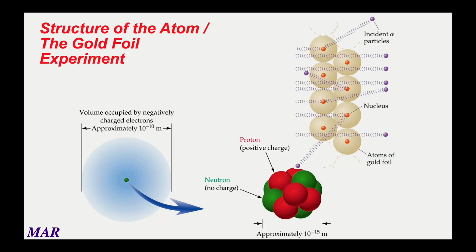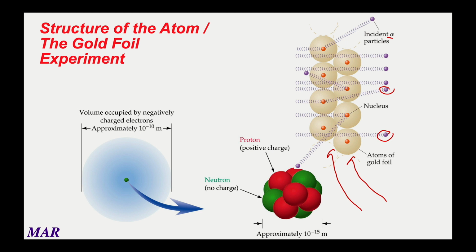In the gold itself, you have these little atoms, and that's what those little circles show right here. And the little ball bearing looking things there are what they call alpha particles, and we'll talk about those more in Chem 200. But alpha particles are just really small. They have a positive charge.